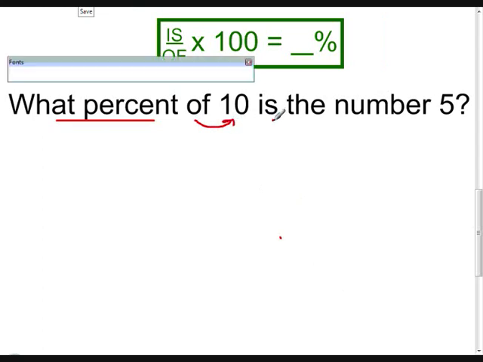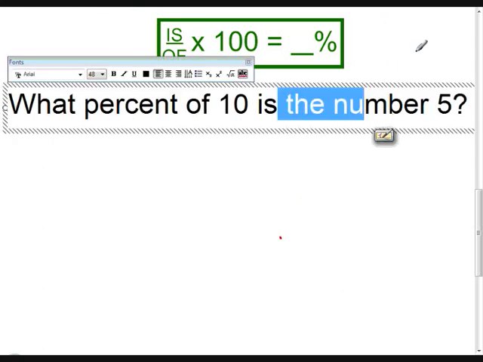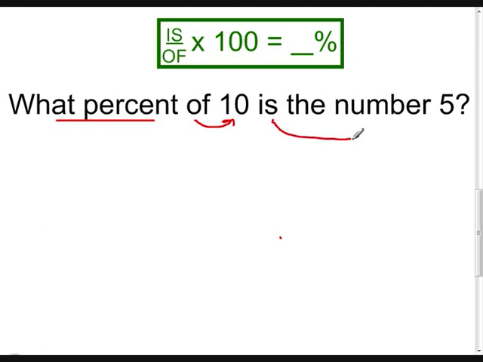We've got is 5, so we're going to associate 5 with the word is. So what that means is that you have got 5 over 10 times 100. And that's going to give you your missing percentage.